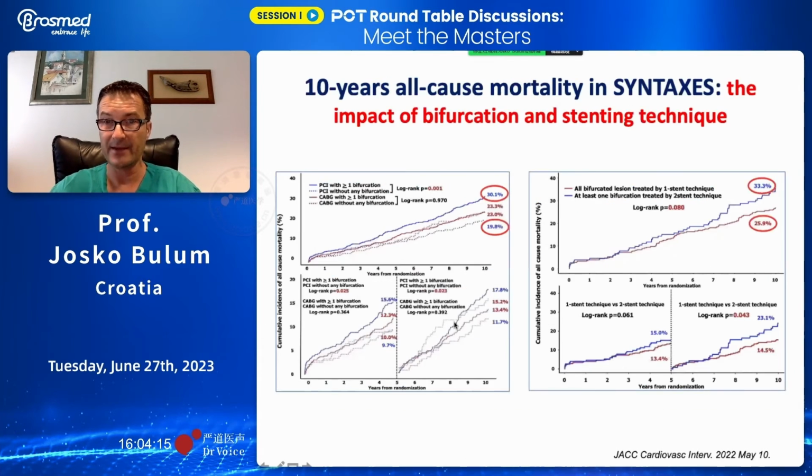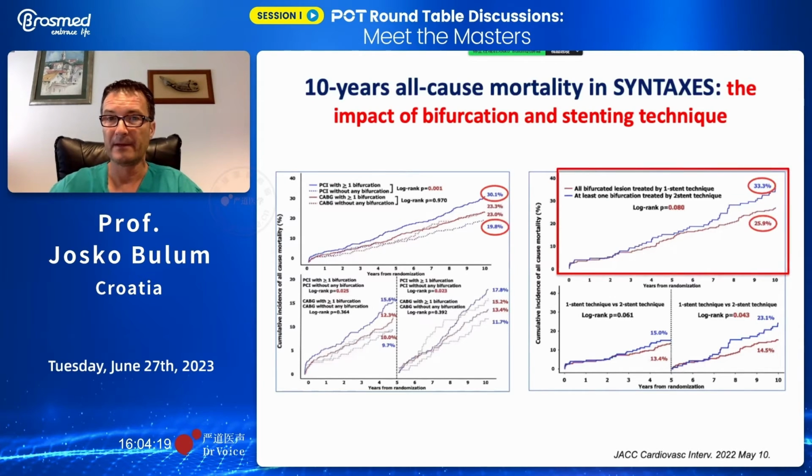Also, the 10-year SYNTAX trial follow-up clearly showed us that if at least one bifurcation, whether left main or not left main, is treated with a 2 stent technique, then on the very, very long follow-up, up to 10 years, we have increased cumulative all-cause mortality.